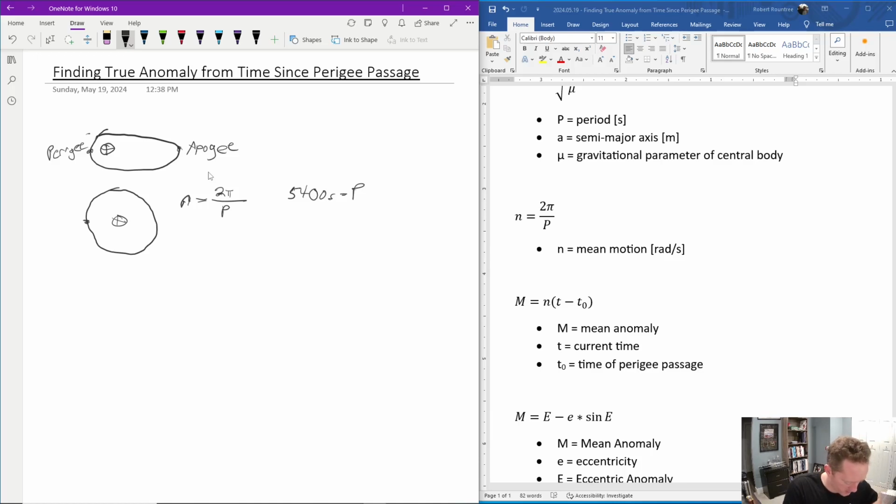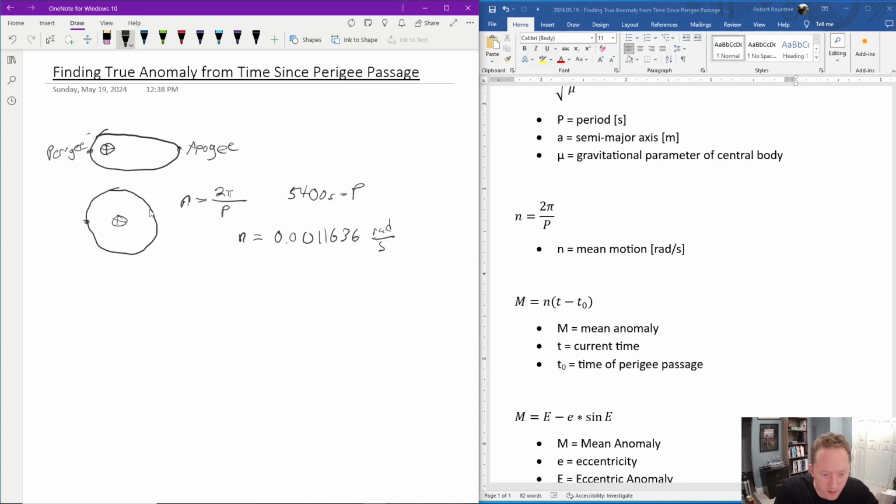So let's go ahead and do that calculation. 2 pi divided by 5,400, that's going to give us a mean motion of 0.0011636 radians per second. So on average, on the circular orbit, that is how fast you're moving, right?